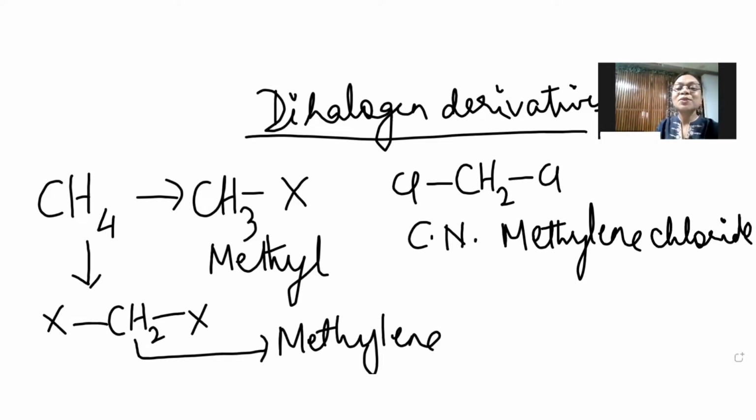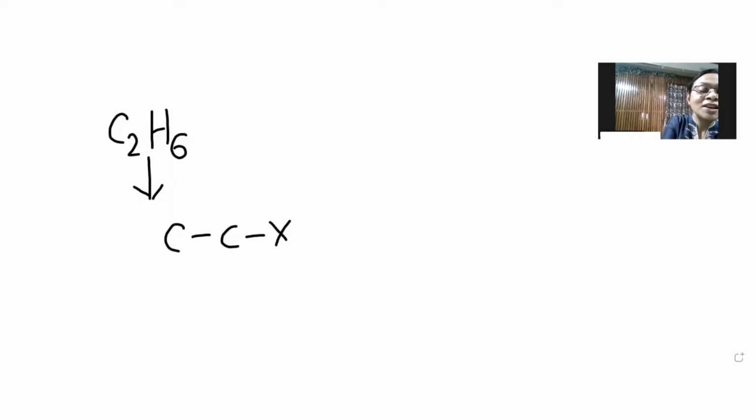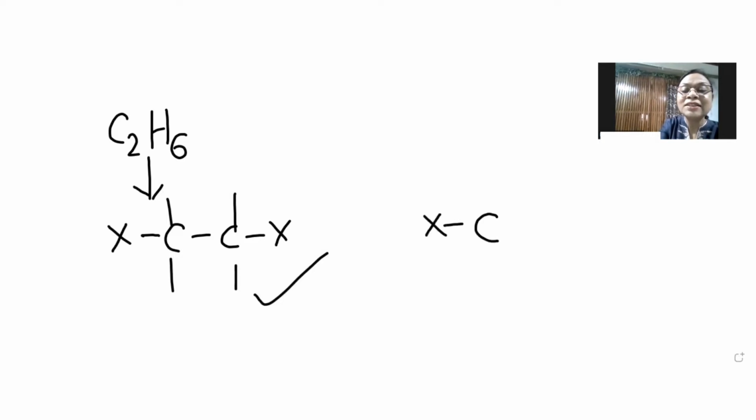Similarly, if we go to ethane and replace two of the hydrogens with halogens, you could have two possibilities. One this and another this, where one of the halogens is on each carbon in one case, and in the other case, two hydrogens of the same carbon are replaced with halogens.